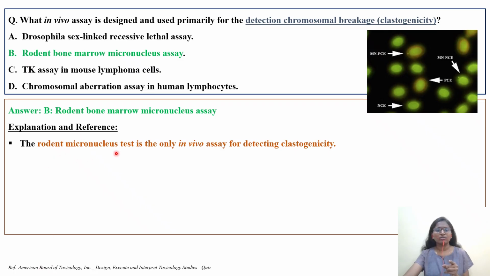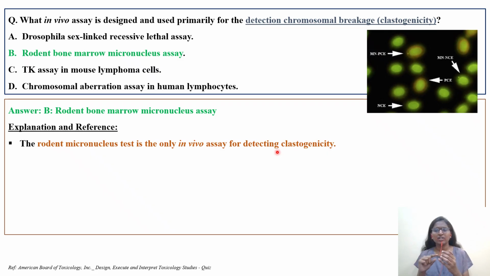The rodent micronucleus test is the only in vivo assay for detecting clastogenicity. When it comes to identification of mutagenicity, genotoxicity, clastogenicity, I will explain all these terms and definitions in another video. There will be a battery of different genotoxic tests.